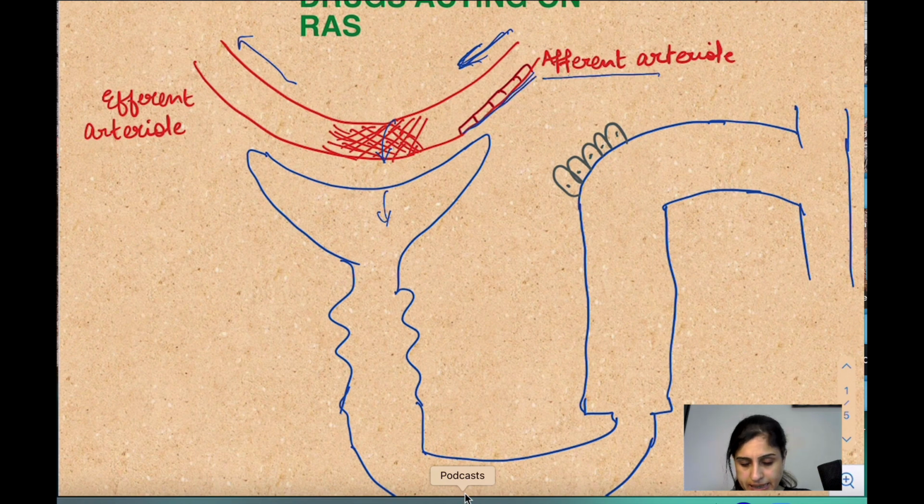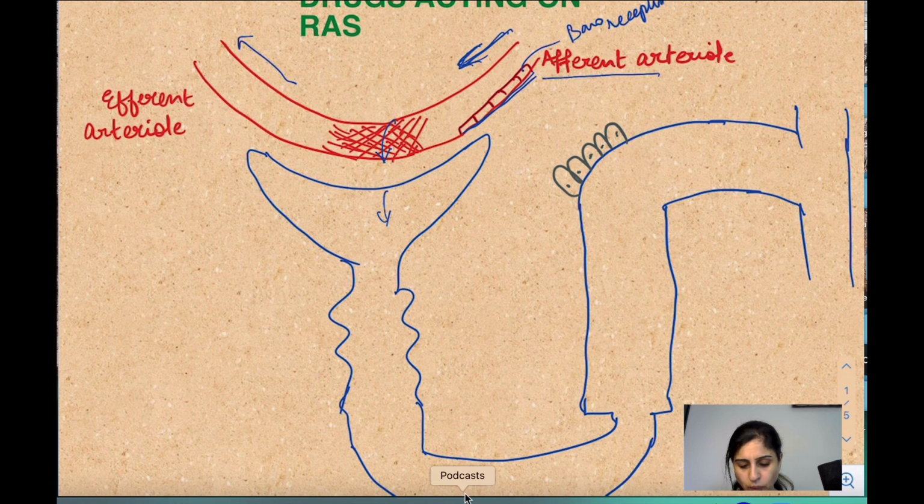These are endothelial cells, and there are some specialized cells which are present, and they're basically going to sense the blood flow. If there is a decrease in the blood flow, they are going to sense it, and they're going to send a signal into the nephron, and that is going to release your renin, right? So these are specialized baroreceptor cells which are present here in the afferent arterioles.